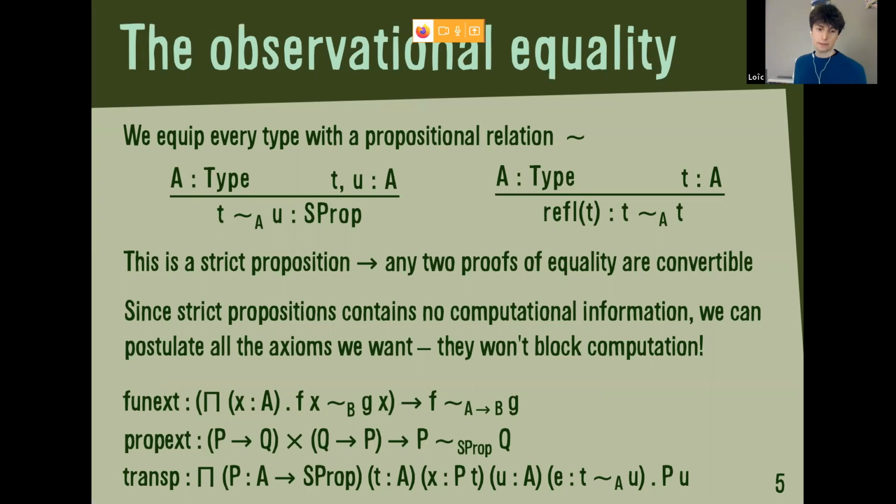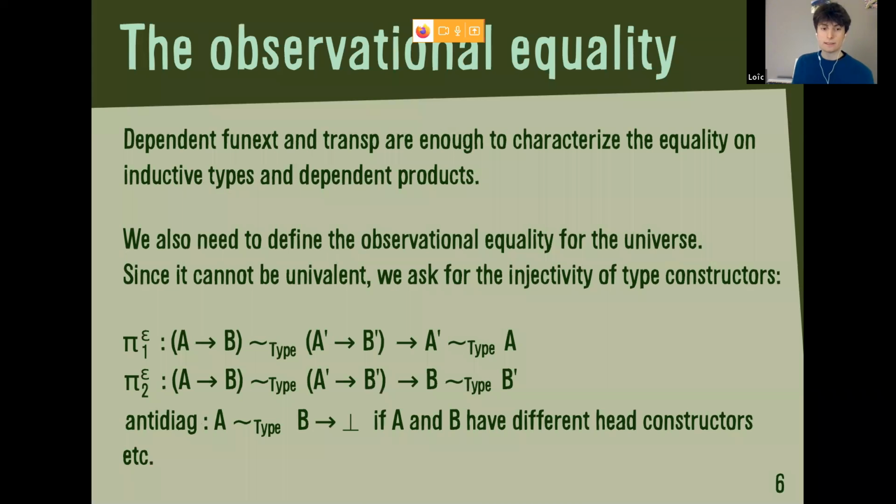So for the observational equality, you have some equalities that are not derivable with the univalent equality. In particular, these injectivity properties that say that when two function types are equal, then both their domains and codomains are equal. So in that sense, you could not hope to prove that in homotopy type theory and truncate it and get the same result.